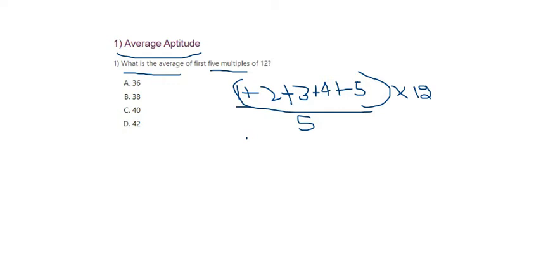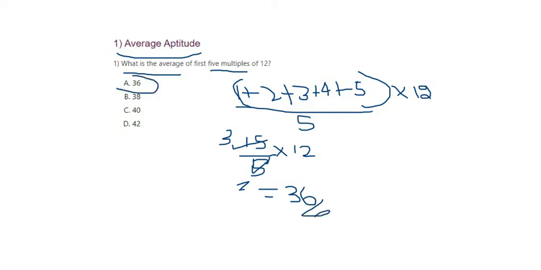So 5 plus 4 plus 3 plus 2 plus 1 is nothing but 15 by 5 into 12. So your final answer will be 36, 12 into 3, which is your option A.